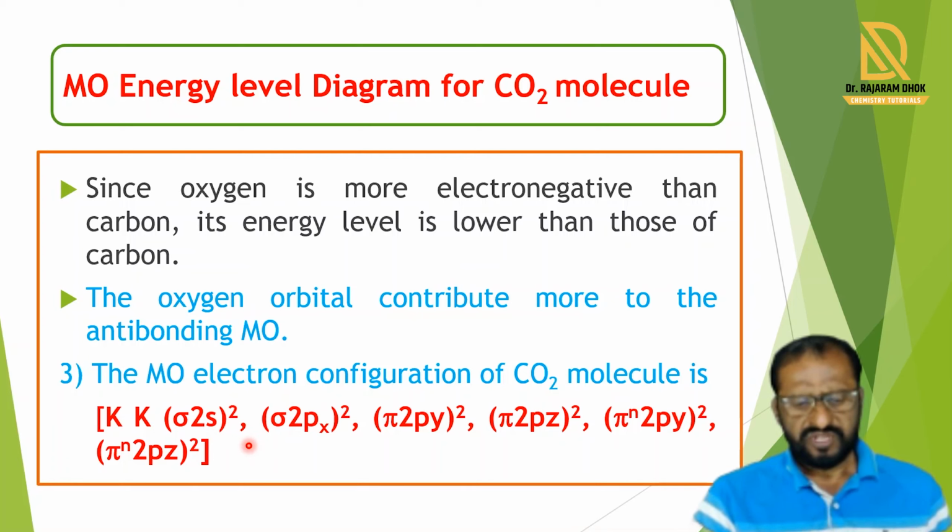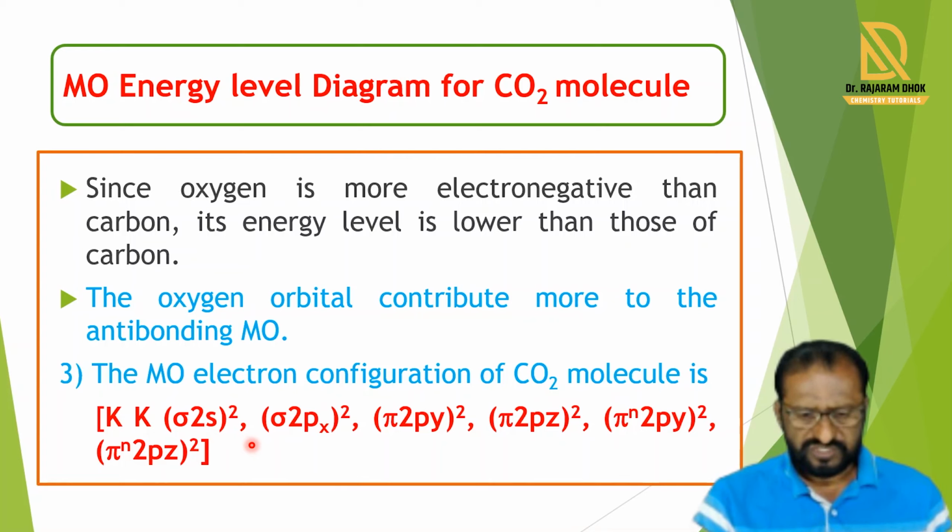Here the K and K is shown for the non-bonding molecular orbitals. Then sigma 2s2, sigma 2px2, pi 2py2, pi 2pz2, pi n2py2 and pi n2pz2. So this is the MO electronic configuration of CO2 molecule.